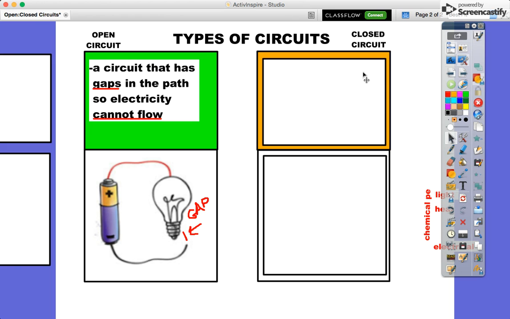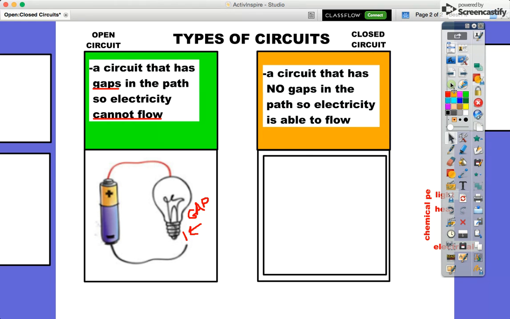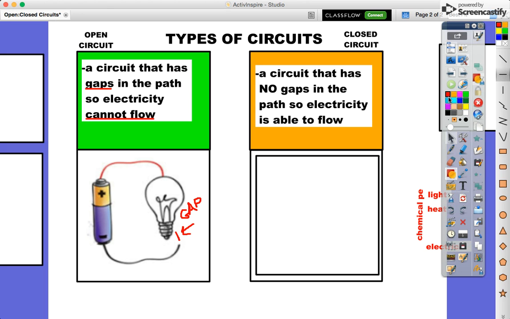Now open your flap for closed circuit, and on the back of that flap, we're going to write a description of what a closed circuit is. A closed circuit is a circuit that has no gaps in the path, so electricity is able to flow. So an open circuit has gaps, cannot flow.